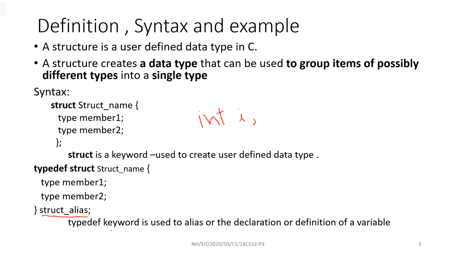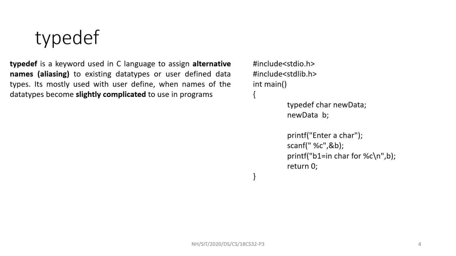So the typedef keyword is used to alias the declaration or the definition of a variable. Here we use it for aliasing a structure. You can also use typedef for defining or declaring a variable. That is also possible. We'll see one example here.